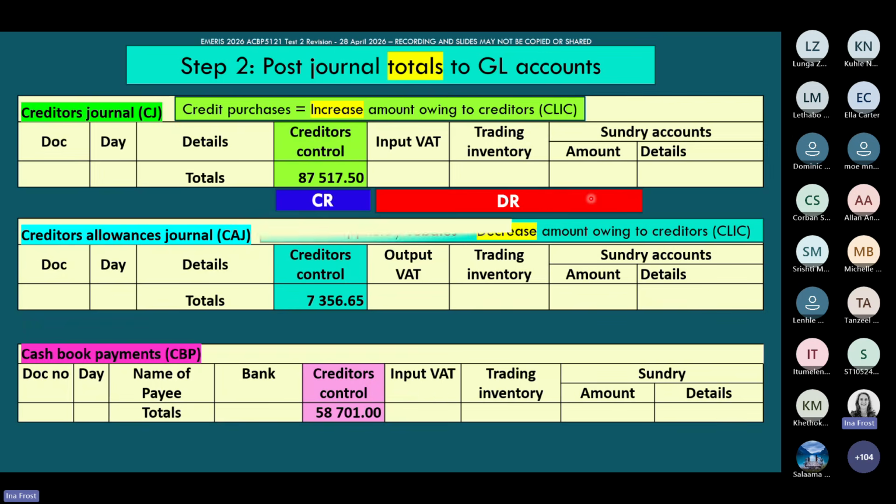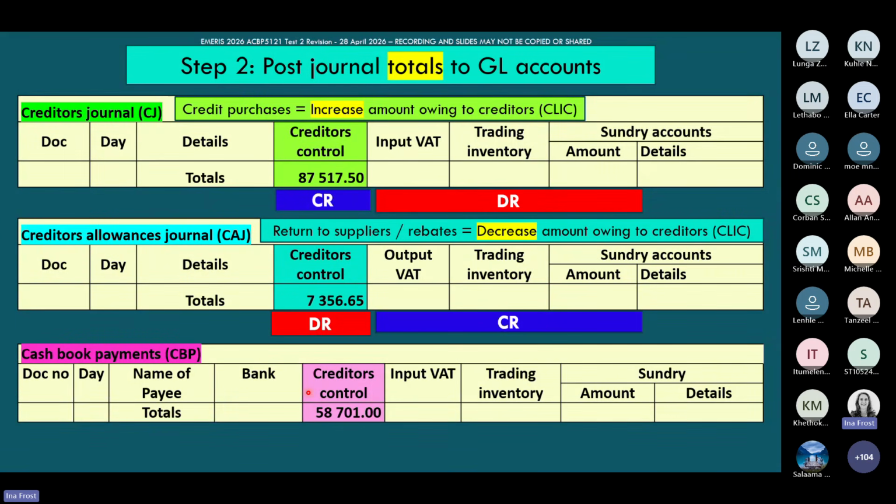Your next one, your creditors allowances journal. This was for either returns or rebates from suppliers. This is going to decrease the amount owing to the creditor. So in other words, I need to post that to the debit side of the creditors control account.